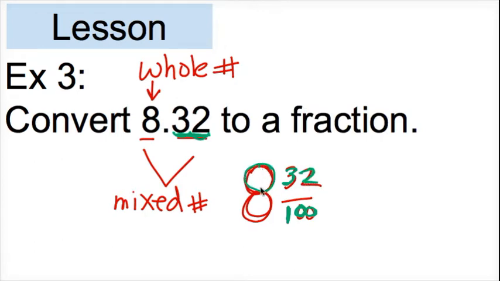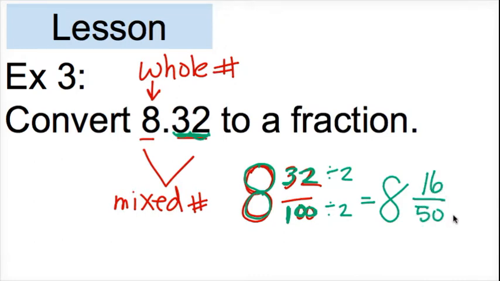So my whole number stays whole. I get 8 32/100ths. Now I definitely want to simplify, and I get 8 16/50. Divide that by 2, and I get 8 8/25.